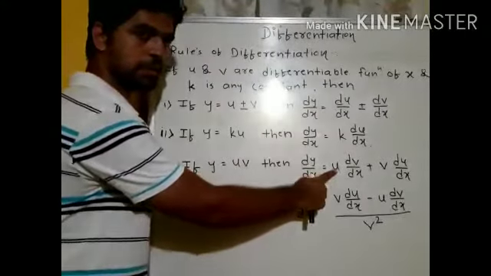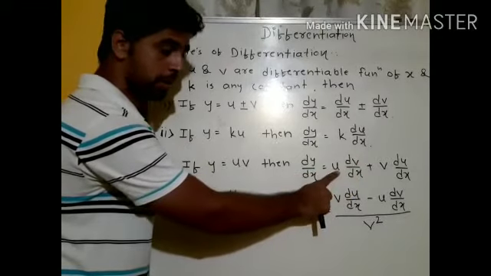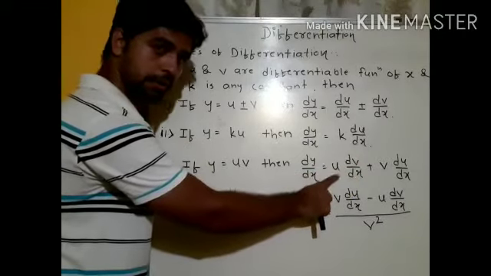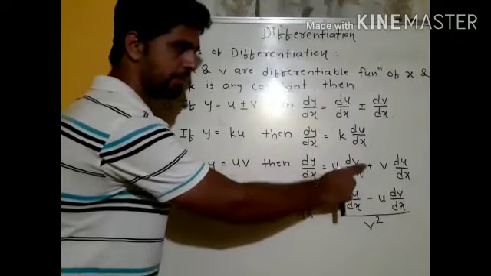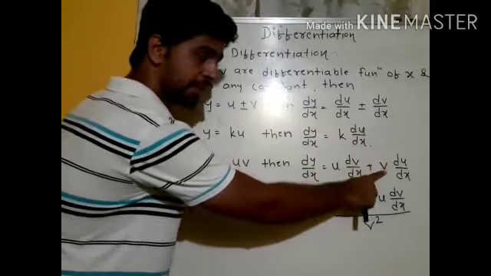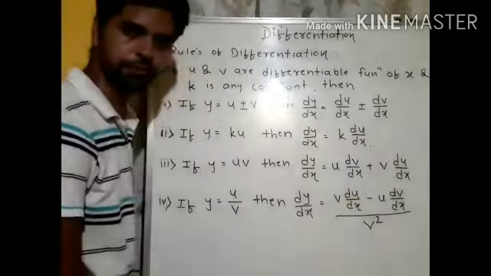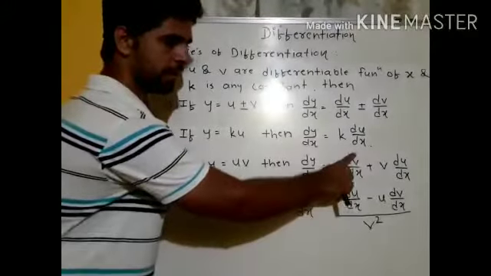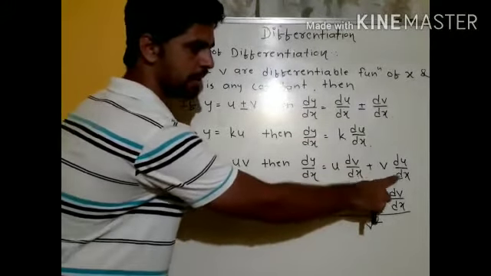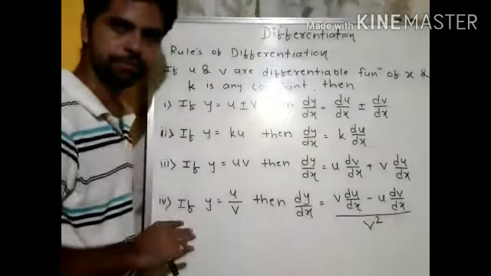First function constant, derivative of v. So first function means u. U is constant and derivative of v is dv by dx, plus keep second function constant, take derivative of first function, that is derivative of u. So first constant, derivative of second function, second constant, derivative of first function. This is called product rule of derivative, right?